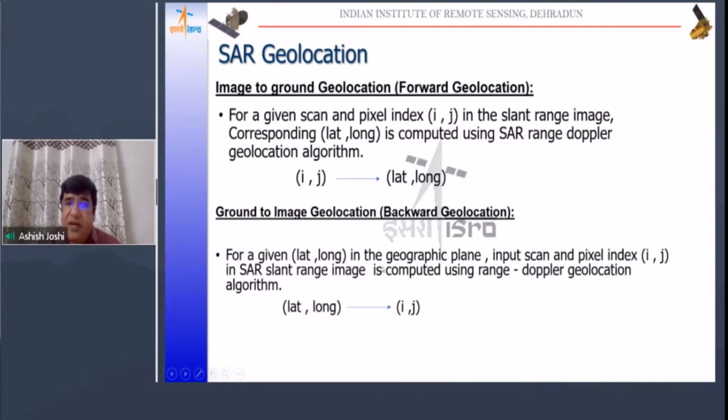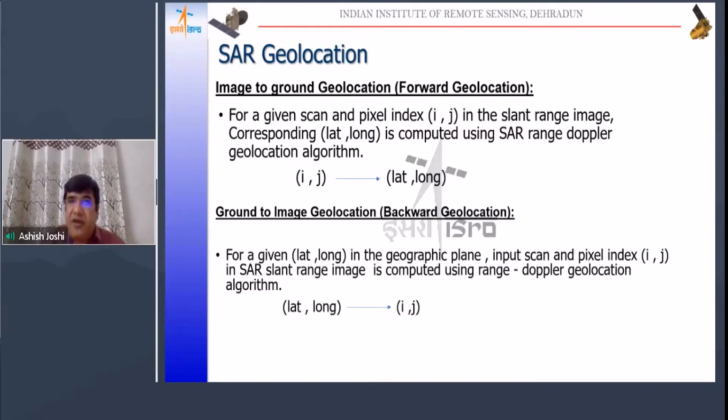For a given lat long in the geographical plane, the scan pixel index ij in the slant range image is computed using the Range-Doppler geolocation algorithm. So it is backward: for a particular lat long on the geographical Earth surface, what is the ij, meaning where the SAR image pixel is coming from.